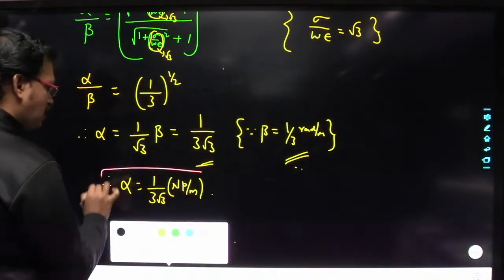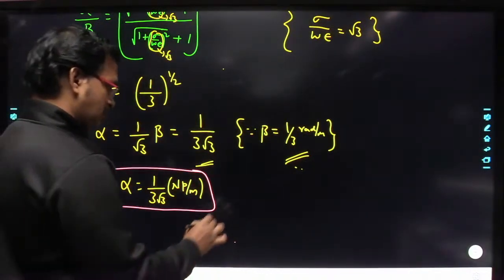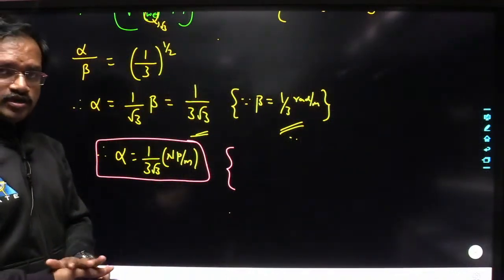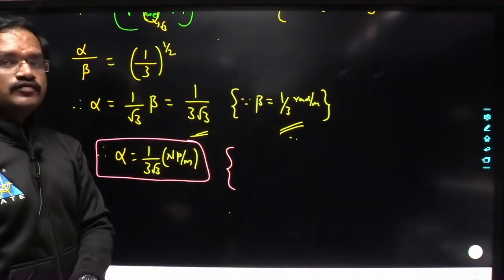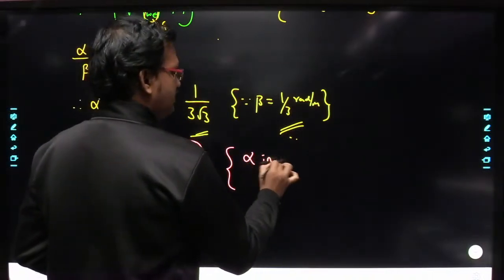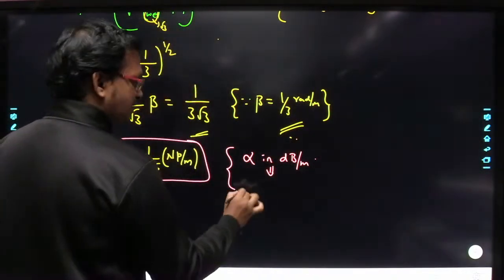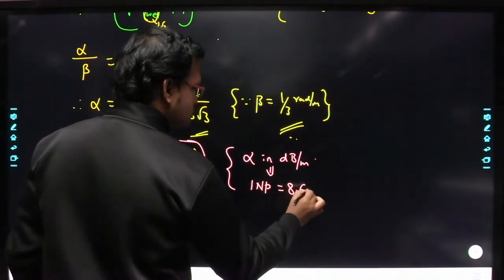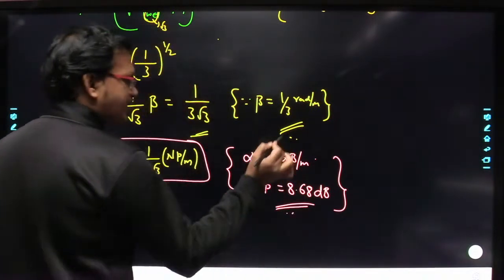So if they ask to determine alpha in terms of dB per meter, always remember, there is no need to always convert from Neper to dB and all those things here. If you remember this formula, then you can easily convert from Nepers to dB. So if they ask alpha in dB per meter, then always use this relation. 1 Neper you can write as 8.68 dB.